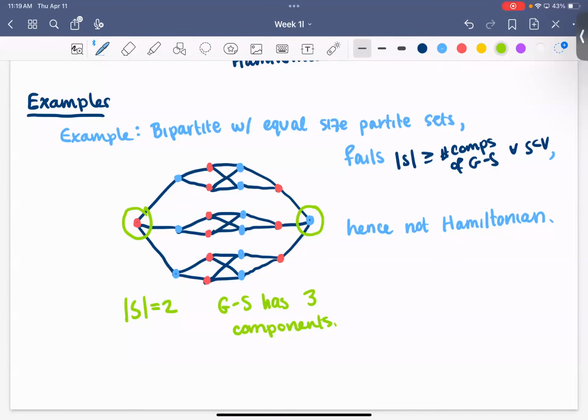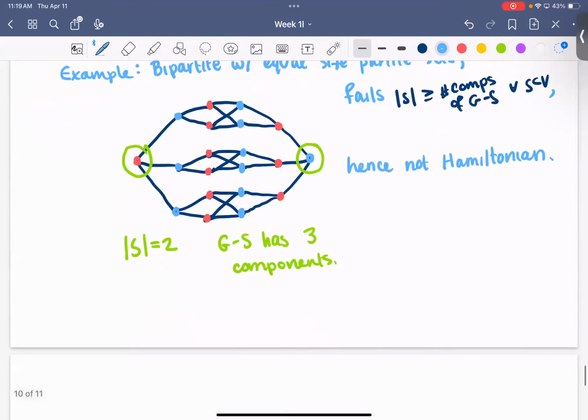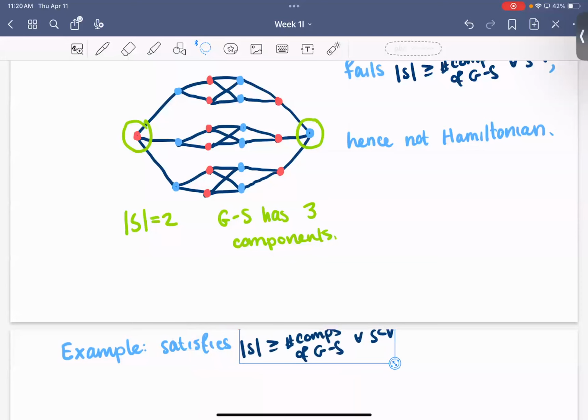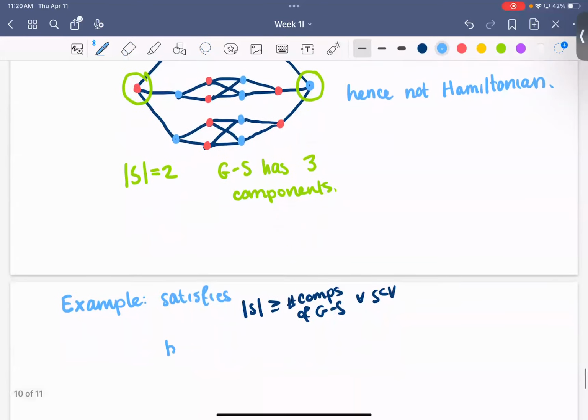And then the second example is the one that satisfies the condition from the proposition, but is not Hamiltonian. So satisfies, but not.